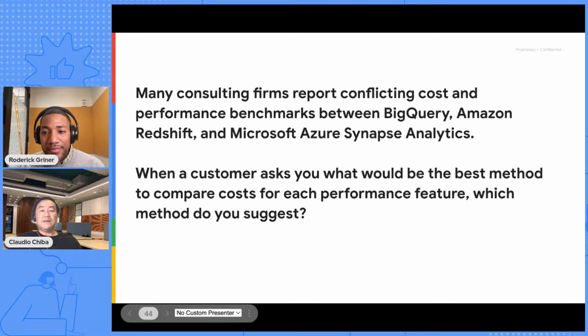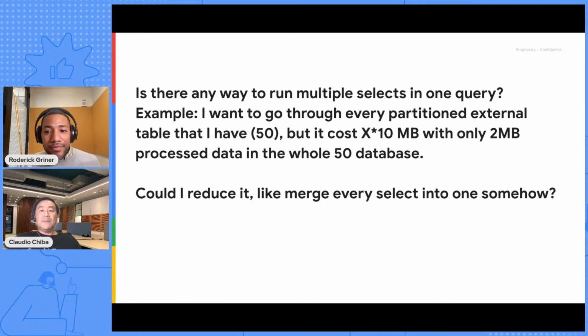Okay, Q&A. This one I answered just now. Is there a way to run multiple selects in one query, for example, to go through every partition of the external table that has 50, but can I reduce, like merge every select into one somehow?